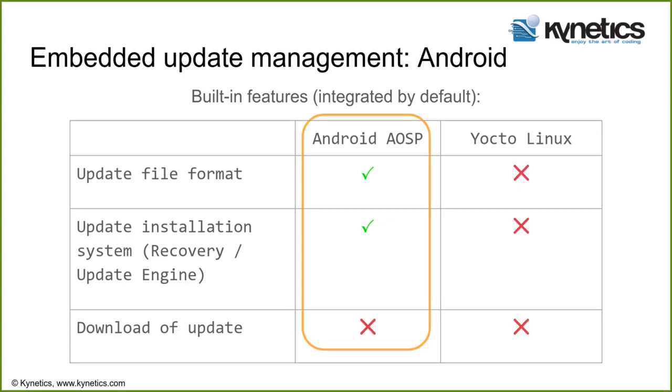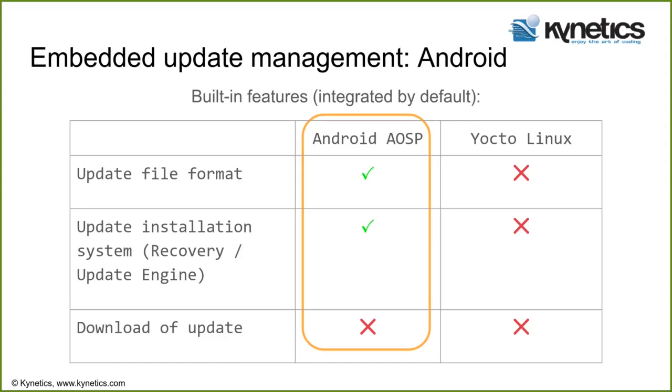Whereas in Android AOSP, there are a couple of strong points in the fact that Android is already handling updates. If you want to install an application, you have the APK file format. So it's very well supported. And the same goes for OS level updates.